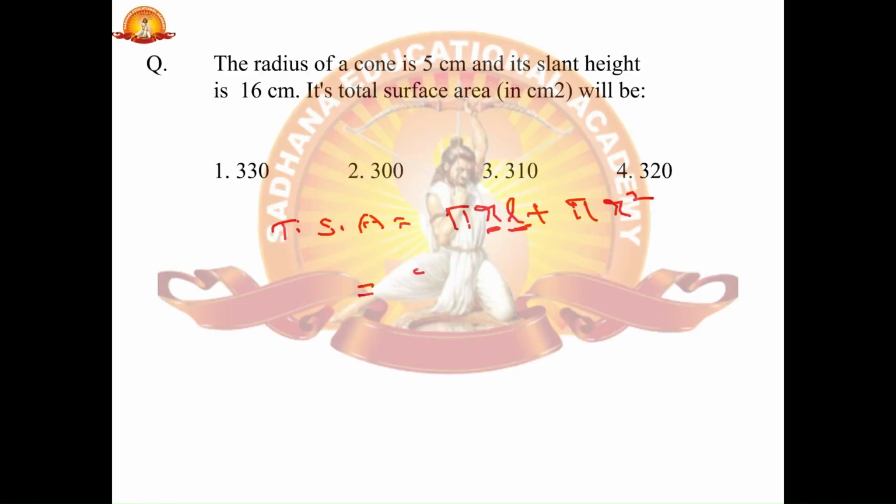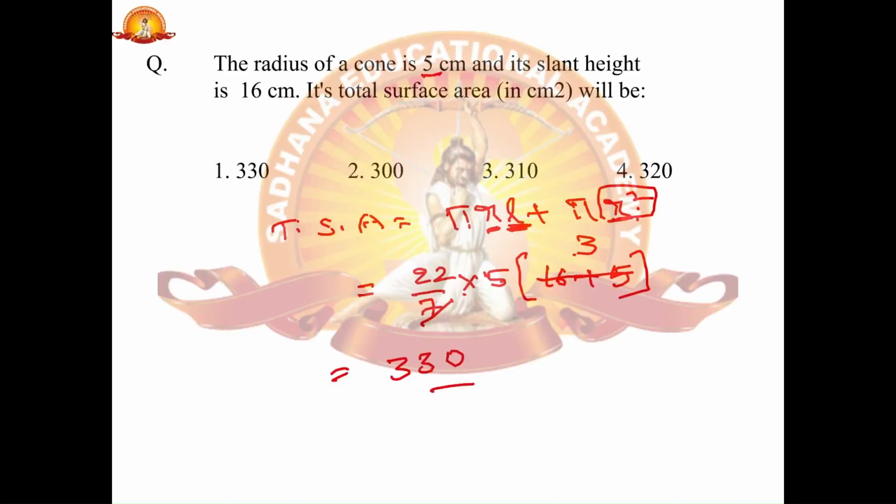So I'm taking pi common, 22 by 7 into radius, which is given as 5 centimeters, also taken common, l, l is given as 16, plus r taken common, out of r squared, r is taken common, the remaining one more r is left here, but r is given as 5 centimeters. So 7 cancels in 16 plus 5, 21, 3 times. So our answer is 3 fives 15, 15 times 22, 330 is the answer. The first option is the correct answer.